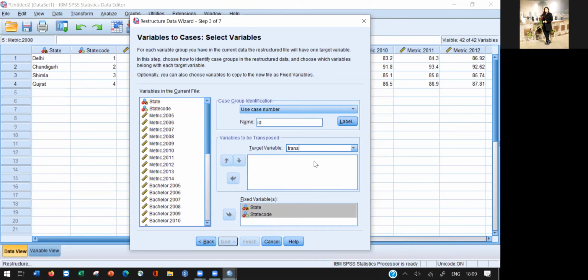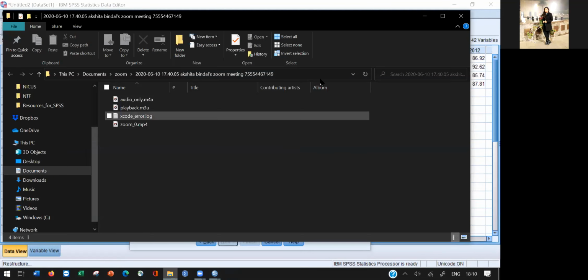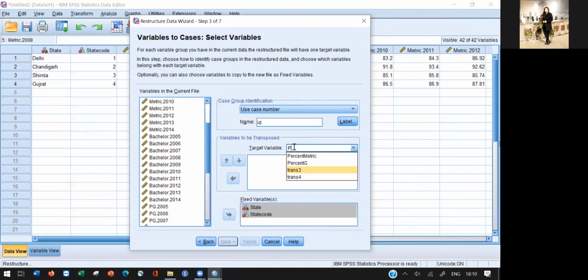I'll transform my second data as well, which is percentage of graduate. This is the data of all the graduates. Next variable which I have is percent PG.